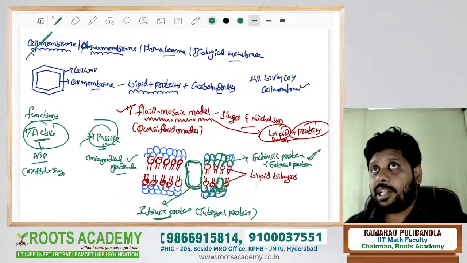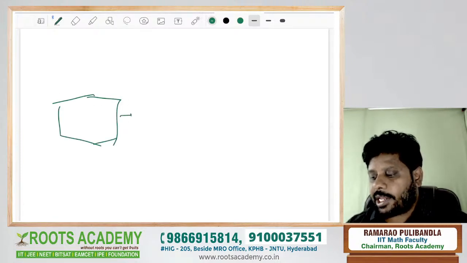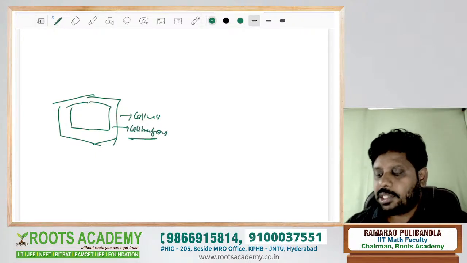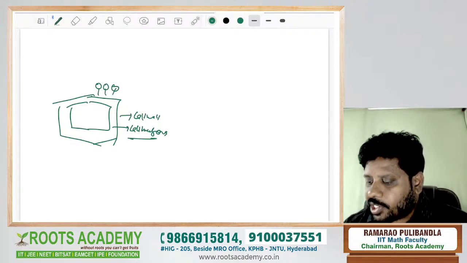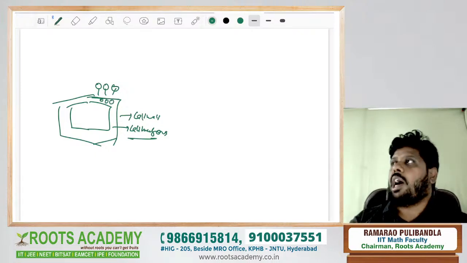And the cell membrane, look here. For example, every cell is surrounded by the cell wall. Below the cell wall, which one is present? The cell membrane is present. I am drawing a rough diagram. See, these are the ions. The cell wall is the first layer, and it allows everything, whether it is required by the cell or not, inside.